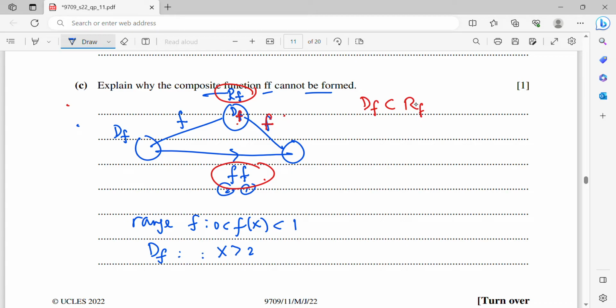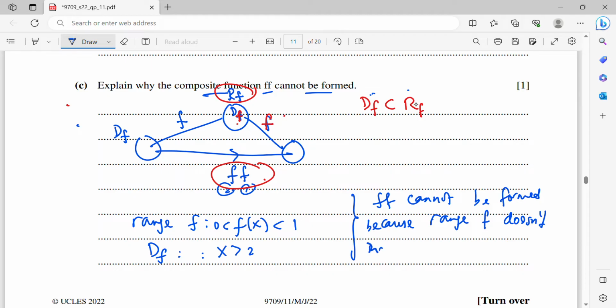So from here, your domain of f is not a subset of the range of f. Therefore, I would say ff cannot be formed because the range of f does not include the whole domain of f.